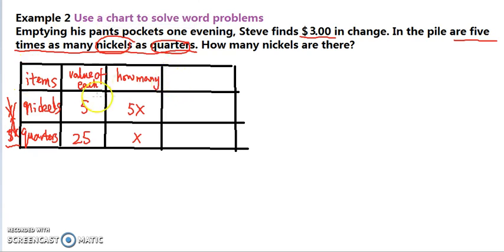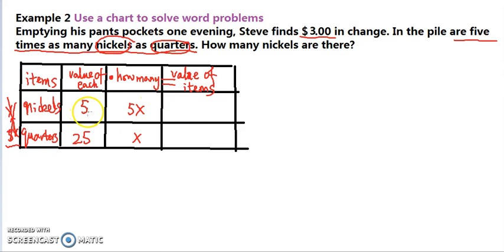Okay, we're going to continue. Since we know the value of 1 nickel is 5 cents, and we have 5x nickels, the value of 5x nickels will be, again, the formula: value of nickels equals value of each times how many nickels we have.